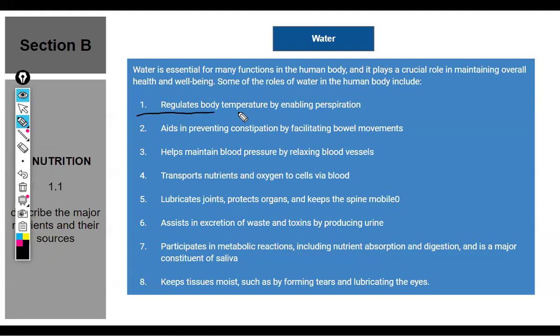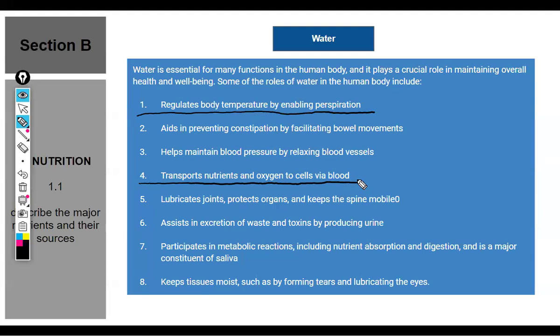Water allows you to regulate your body temperature. We mentioned this already, right? The water in your blood is like a radiator system in a car, right? You can read through all, but number 4 is the one I would like you to take down also. You see, you cannot have blood without water.